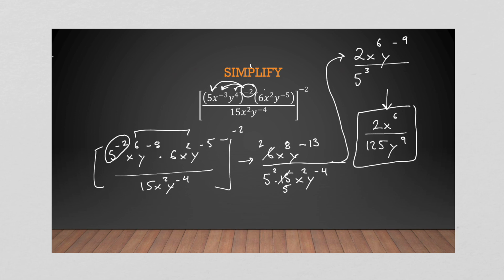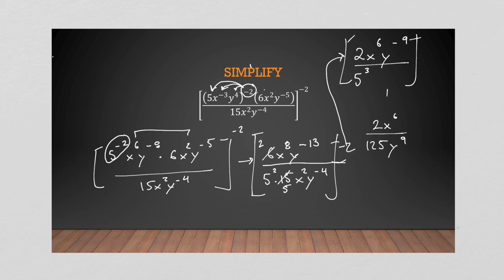We have all of this to the power of, let's just do the bottom, sorry. We have all of this. I just forgot to continue to write this part to the negative 2.